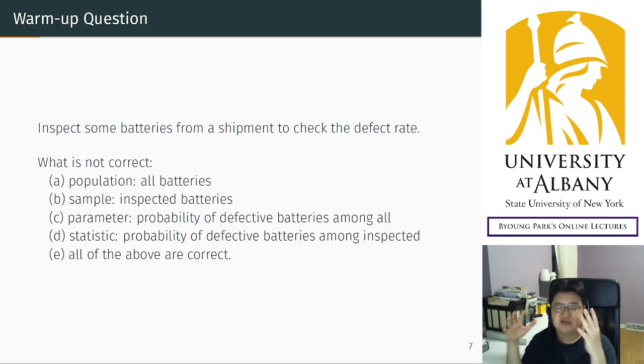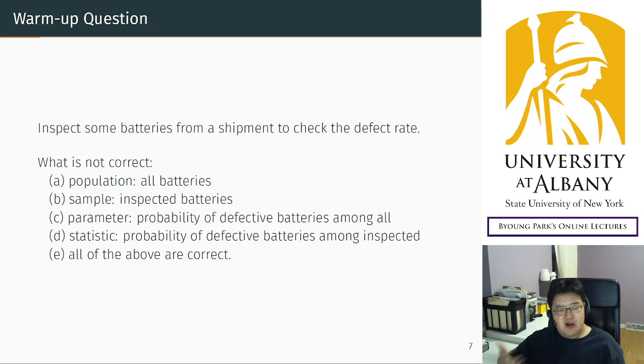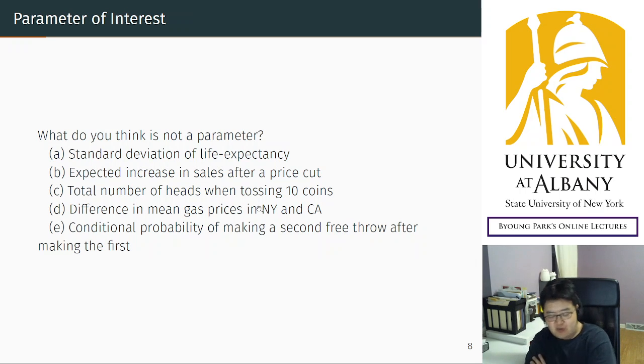That is the sample, and you calculate the probability of defective batteries among the sample, which is your statistic. So this is another example which has the same structure as statistical inference.